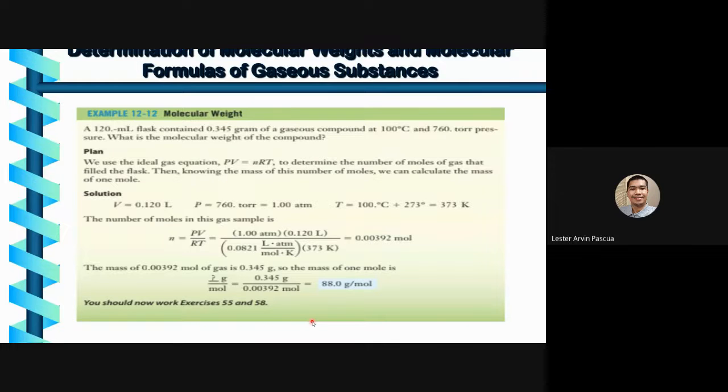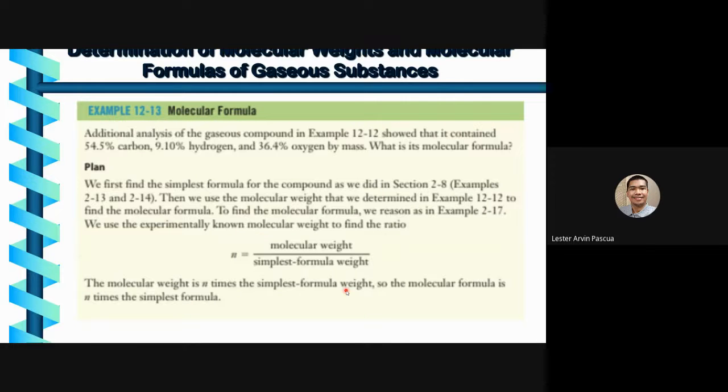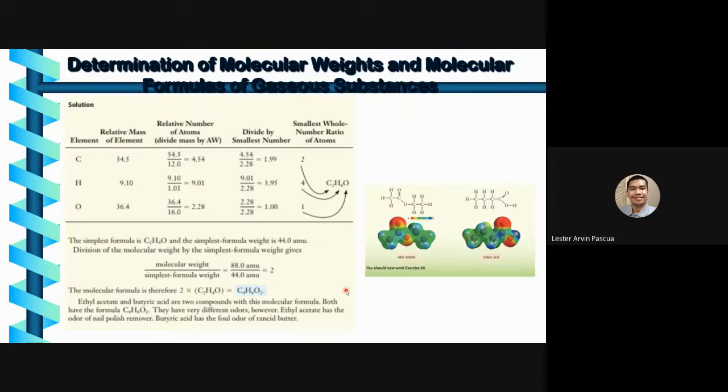So, doable naman siya, basta meron ka ng grams, meron ka ng moles na nakuha mo from your ideal gas law. So, you get your grams per moles. Ganun din, pwede mo rin kunin yung molecular formula. Just like what we're doing sa lab before. Para in-extend lang siya from your gases. Okay? So, ito lang din yan ginagawa natin sa lab na calculations. Na-involve lang yung gases.